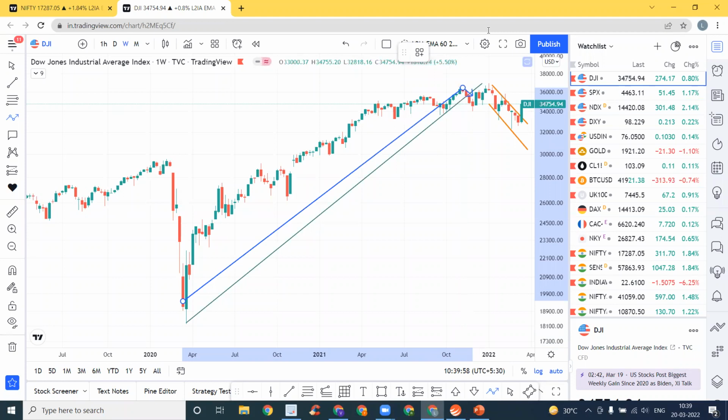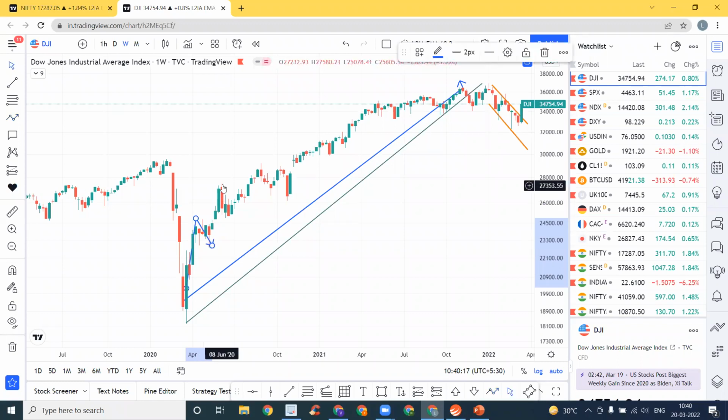This is my primary trend. But within the primary trend, I have multiple. You can see here it is going up, then it is coming down. This coming down becomes my pullback, which is my secondary trend.